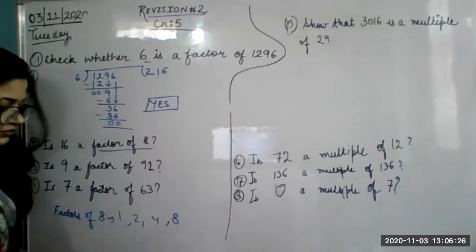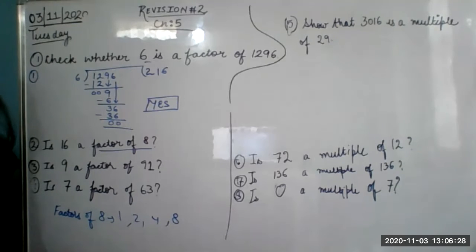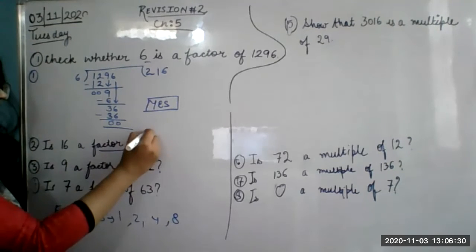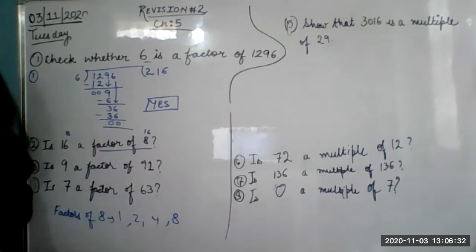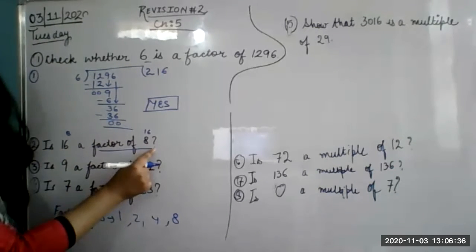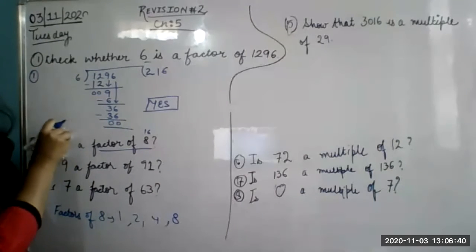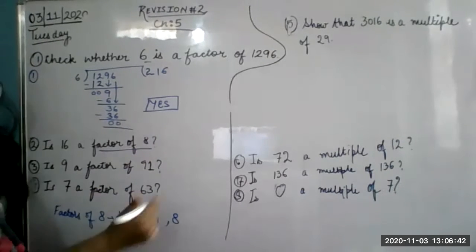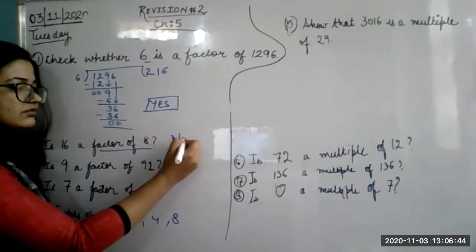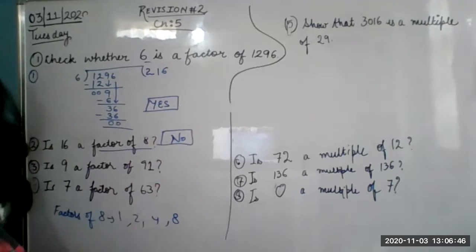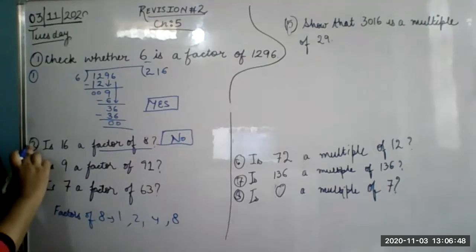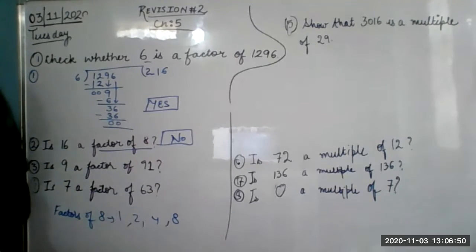No, ma'am. That's why this is the wrong answer. If it were, 8 is a factor of 16, then the answer would be yes. But here it is opposite, so the answer here will be no. Understood? Still, how many of you have doubt in the second one?